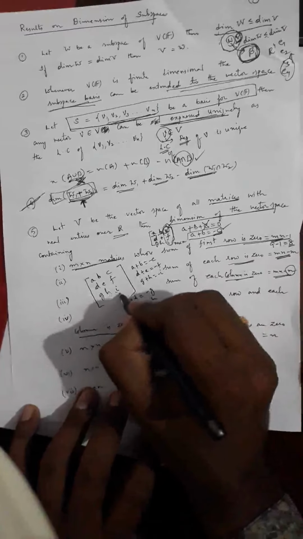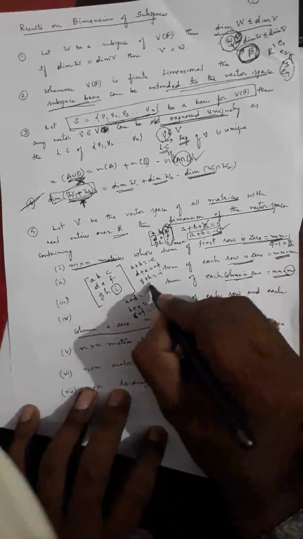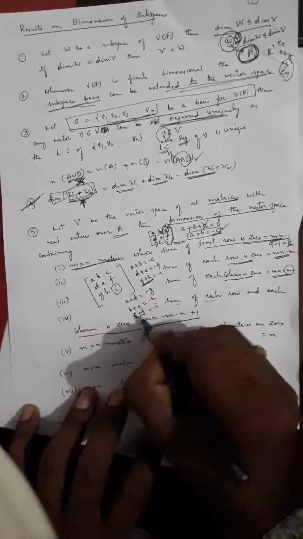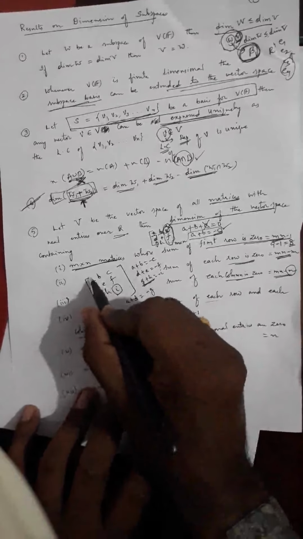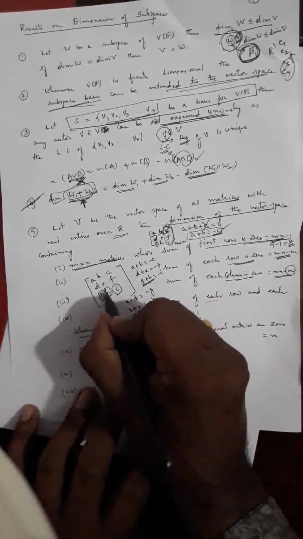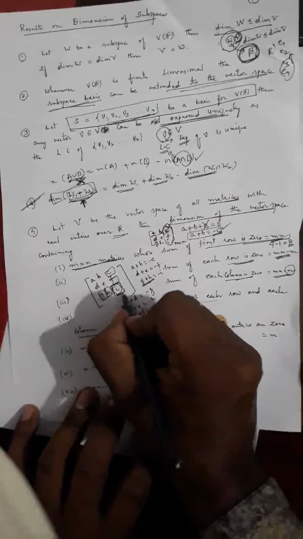That means if I want to write this element, there are two choices, G plus H or else C plus F. So for mn, you just say what is the dimension, then take these three elements as excluded. Again these three elements are excluded. So how many times did I repeat? I repeated one element.